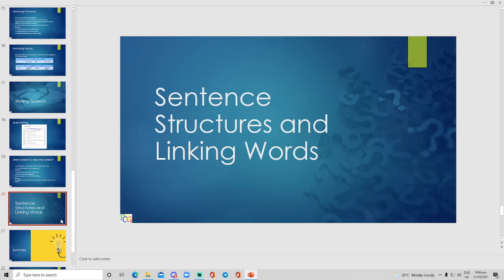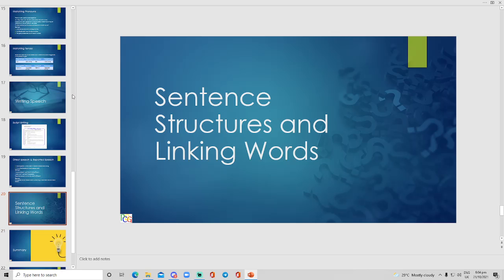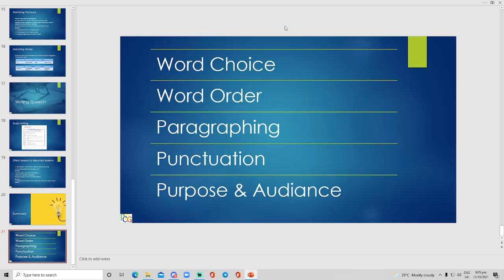So that brings us to the end, to our summary. In summary, we went through word choice, and remember that word choice is choosing the correct language to use, whether it be active or passive voice, direct or indirect speech.